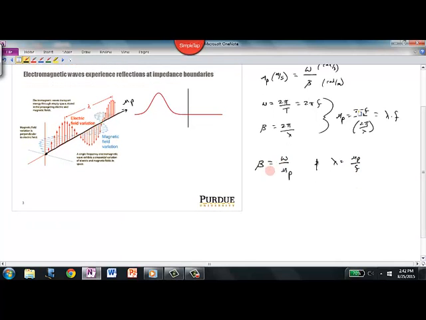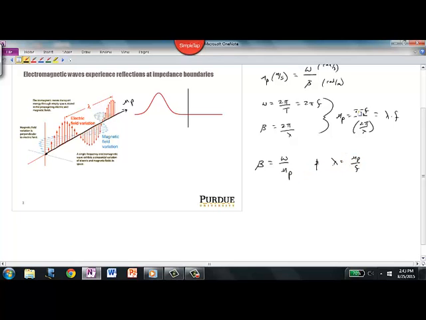And this really shows us the relationship. It more clearly indicates that the spatial terms, beta and lambda, are dependent upon propagation velocity in both of these cases.